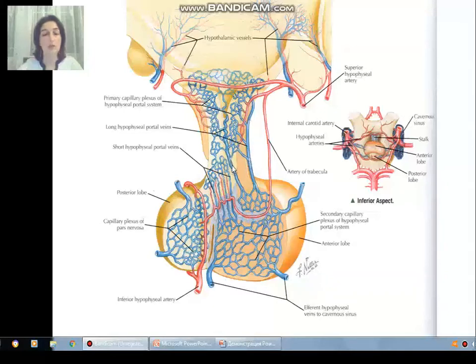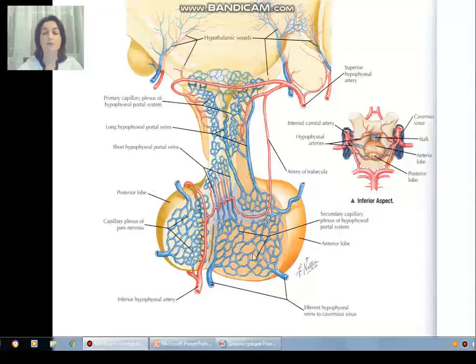These veins descend and enter the adenohypophysis, and inside the adenohypophysis they form branches, a capillary network. This capillary network is called the secondary capillary network. So we have here the primary capillary network and the secondary capillary network.